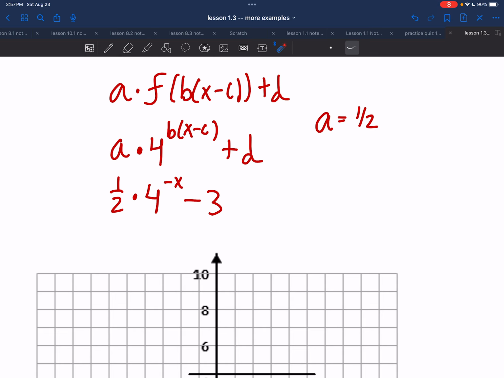So it doesn't say like x plus 2 or x minus 3, right? So it's not x minus c. It's really just bx. And what is b? B is a negative. In particular, b is negative 1. And lastly, plus d, that is minus 3. Okay? So I got a is a half, b is negative 1, d is negative 3.